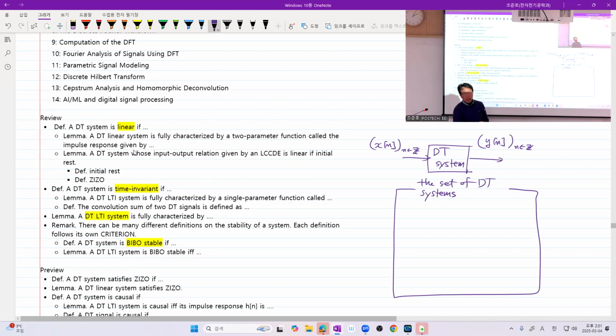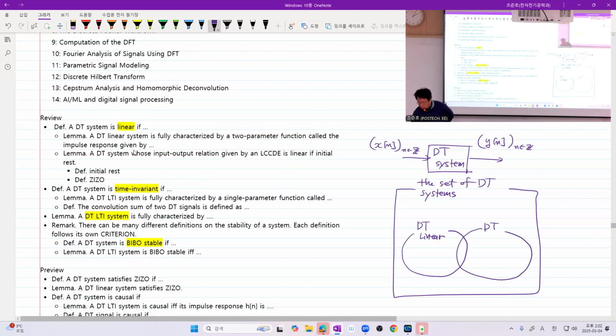So classification of some concept actually corresponds to dividing this entire set into subsets. So first, we introduce the subset of DT linear systems. And we also introduce the subset of DT time invariant systems.